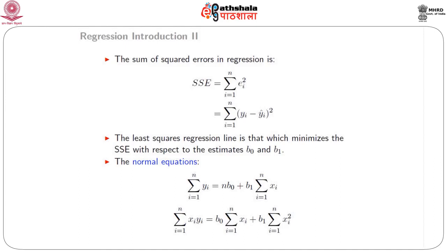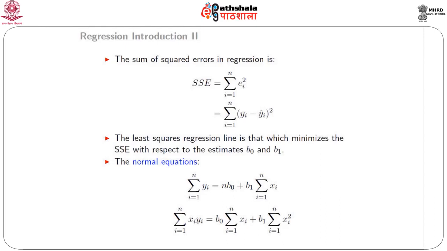Now, the least square regression line is that which minimizes this SSE with respect to the estimates of beta naught and beta 1. In order to obtain the estimates of these parameters, we take the first order derivative of the SSE with respect to beta naught and beta 1 and equate it to 0 to obtain the expressions for estimates of the parameters. These equations are called normal equations and they are of the following form.